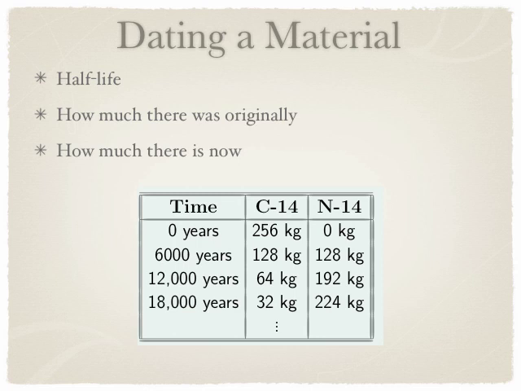For example, if I knew that there was 256 kilograms of carbon-14 originally, and now I have 64 kilograms, then I know that my sample had to be 12,000 years old in order to have two half-lives of 6,000 years. So that's the reasoning process.